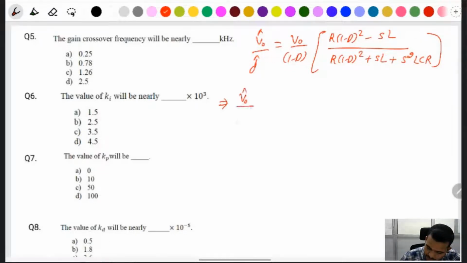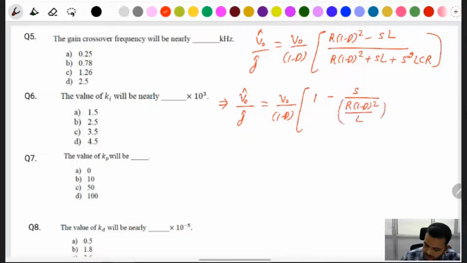If you take R(1 minus D) common here, then you find V0 by d cap.